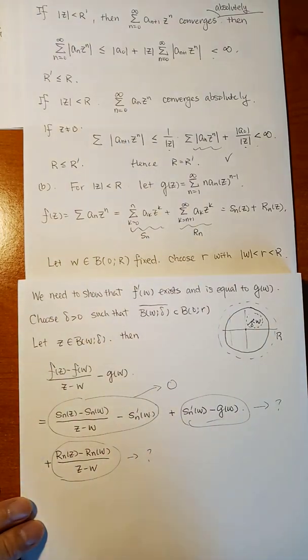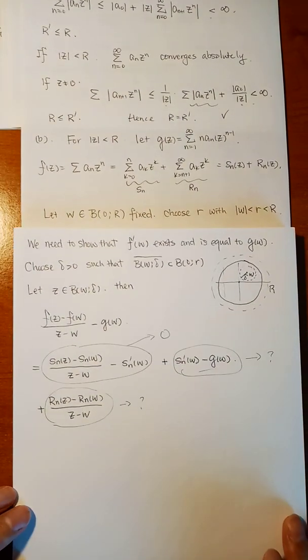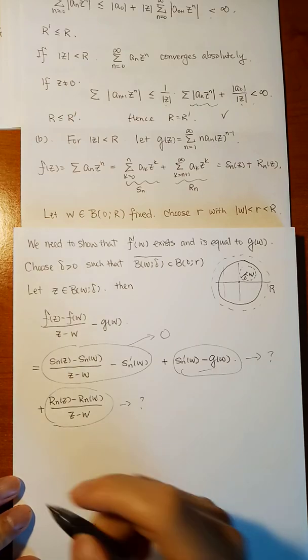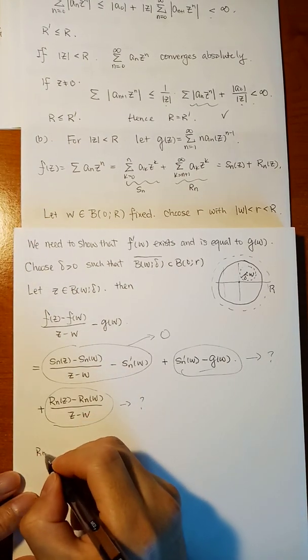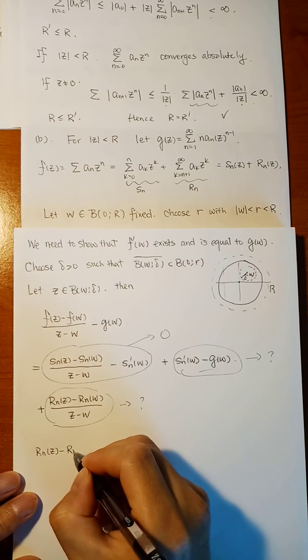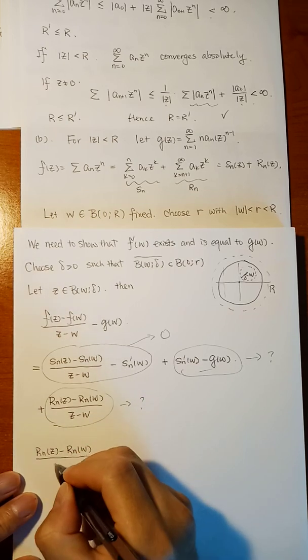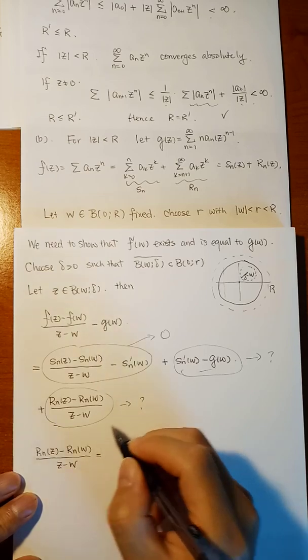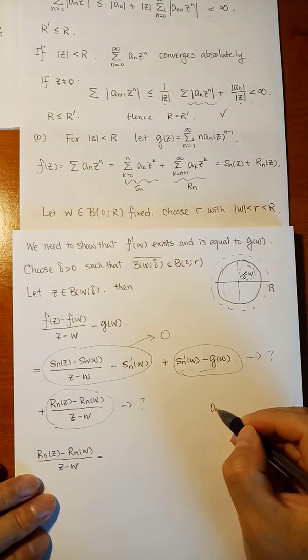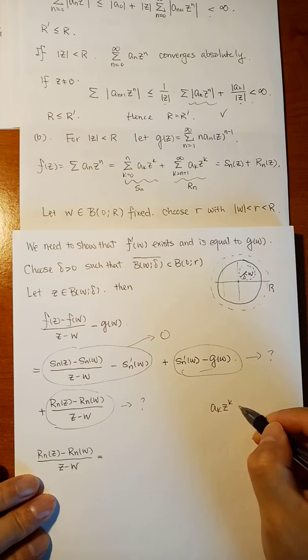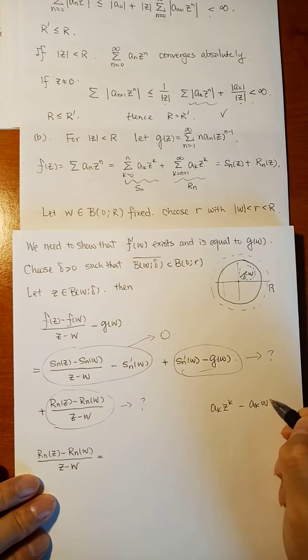And here, the rest of the parts. Let's see why they approach 0. Let's look at this remainder, Rn of z minus Rn of w. In the remainder part, you will have ak z to the k minus ak w to the k.